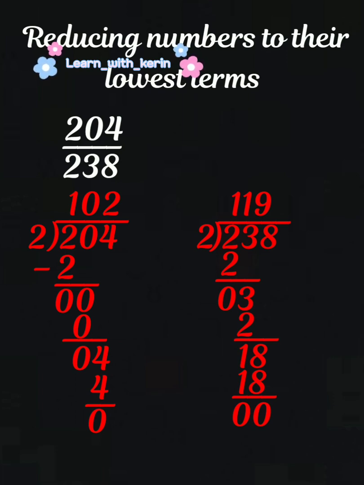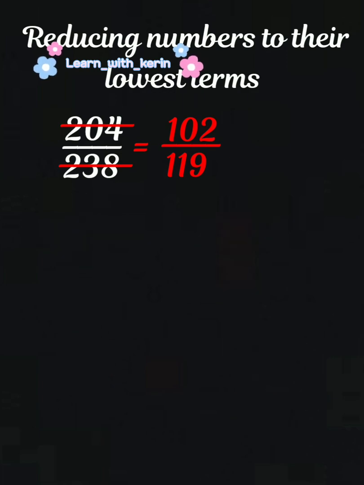So 204 divided by 2 is 102 and 238 divided by 2 is 119. Now children, 102 and 119, both the numbers are not divisible by any single number. So we should stop here. So our answer is 102 divided by 119.